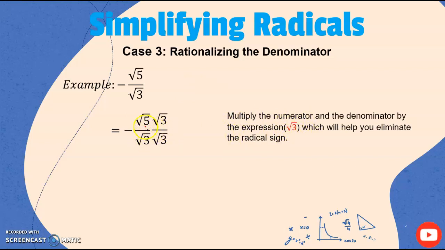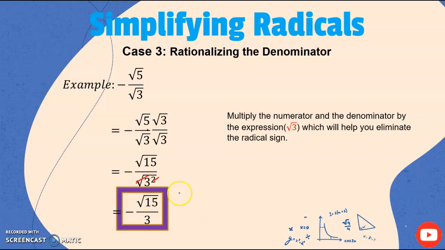Next, we multiply them. They have the same root, so square root of 5 and square root of 3 is square root of 5 times 3, or square root of 15. Then the denominator becomes 3 squared. Then just copy the negative symbol, then we cancel them, and we have negative square root of 15 all over 3.